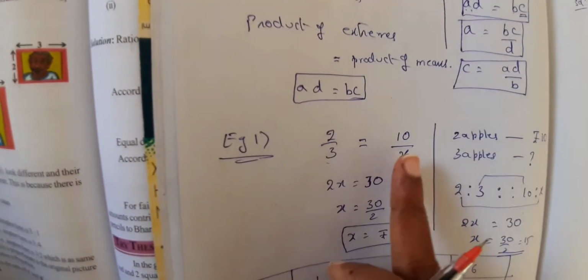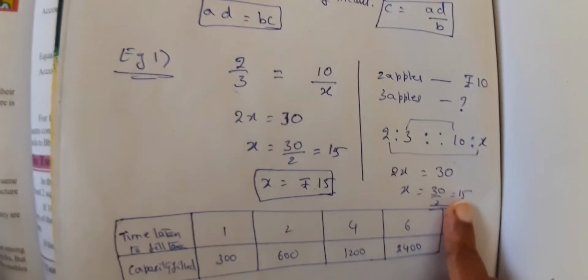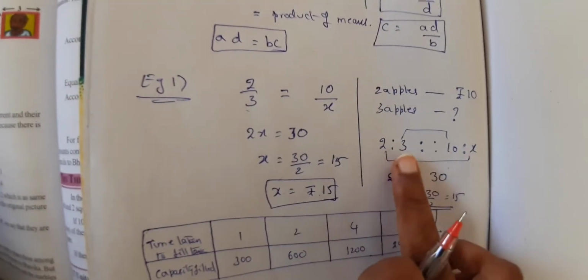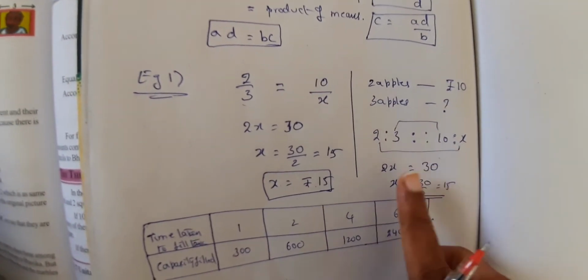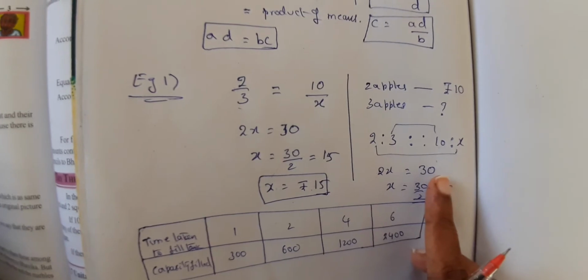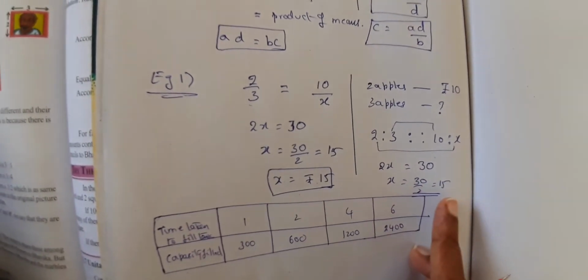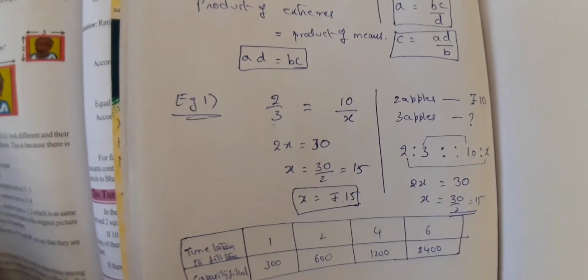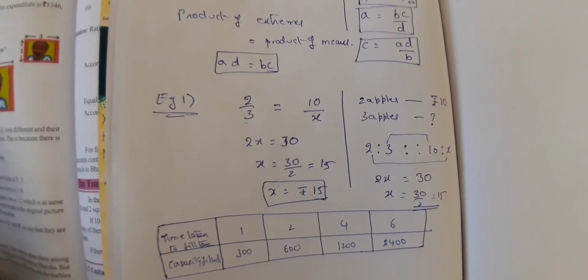You can equate both the ratios and then find the variable. Or you can write in proportion form as 2 is to 3 as 10 is to x, and then write the product of means and product of extremes, and then find out what x is. Okay children, so very beautiful application of ratios here.